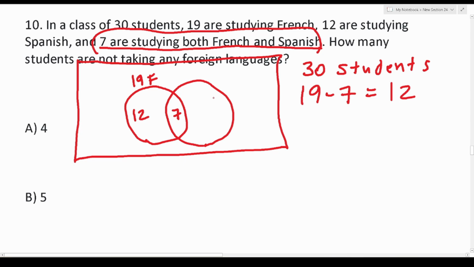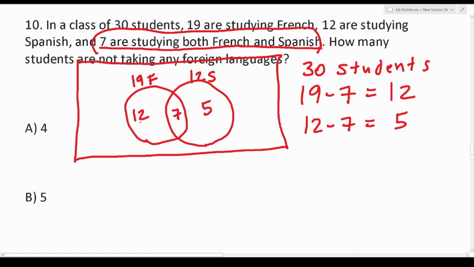Likewise, we know there are 12 studying Spanish. That said, 7 of those students in Spanish class are also studying French. So to fill in this part of the Venn diagram, that's going to be 12 minus 7, which is 5. Again, there's only 5 students only taking Spanish, okay?